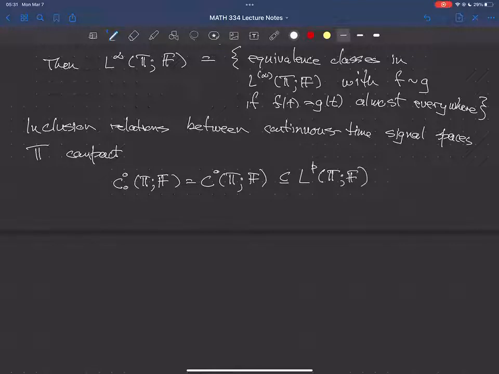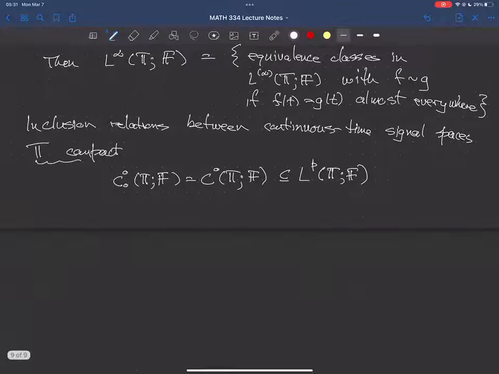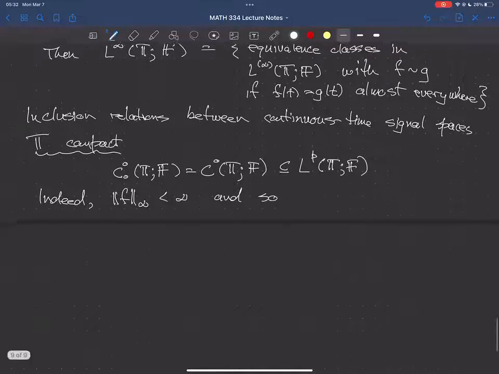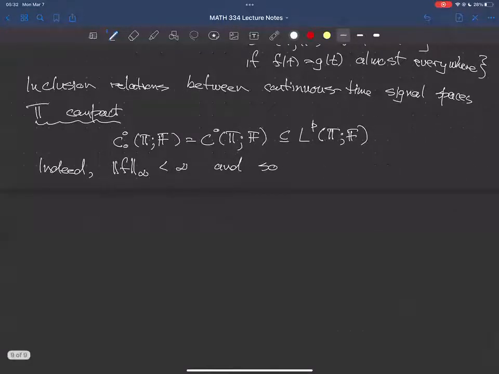So why is this true? Indeed, T is compact, so the infinity norm of a continuous f is finite. Let's make sure we understand why that implies the p norm is finite.